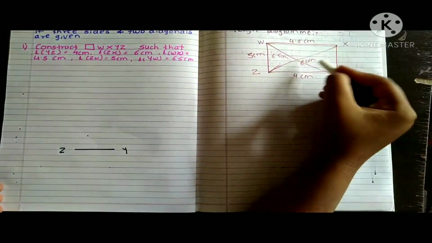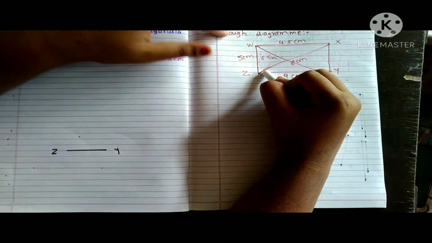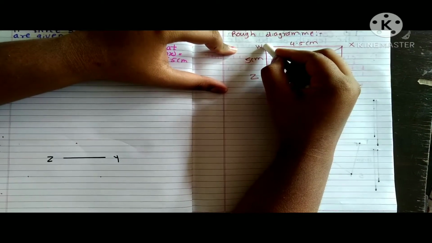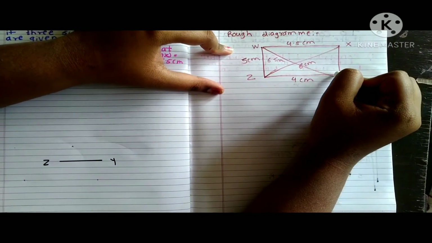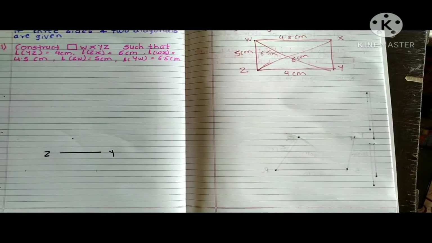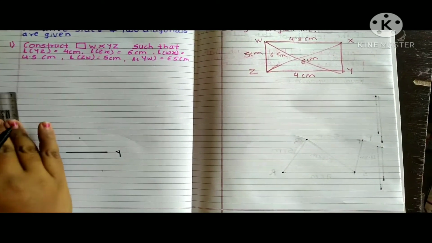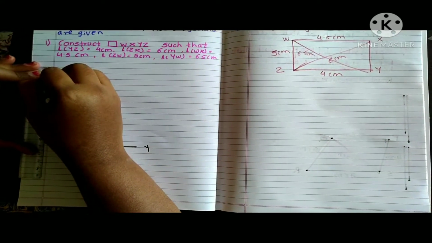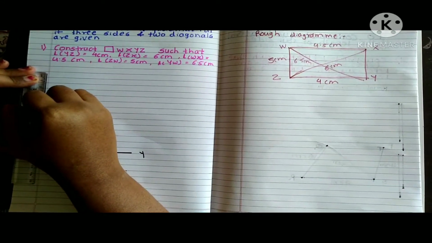So now what is given to us? From the Z we have got ZW and YW. So let's try to draw this triangle. What is ZW? So ZW is given 5 centimeter. So let's draw first line of 5 centimeter.